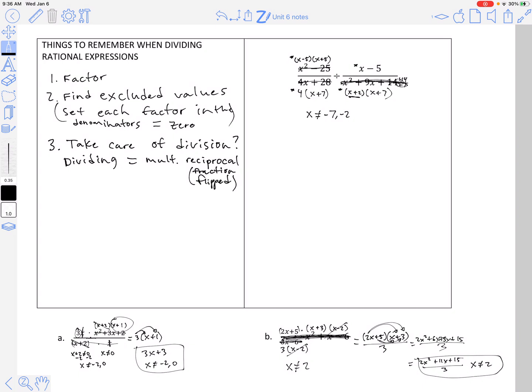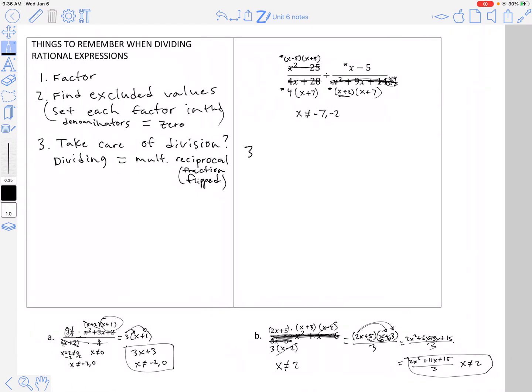Okay, so I'm going to rewrite, so number 3, this is step 3 right here. I'm going to rewrite the first one, x minus 5, x plus 5, and 4 times x plus 7. And I'm going to multiply by the reciprocal. So anything in the denominator of that second fraction will go to the numerator, and anything in the numerator will go to the denominator, right?